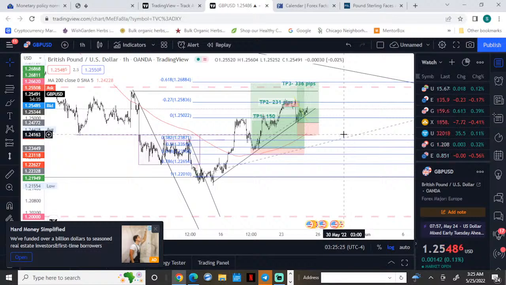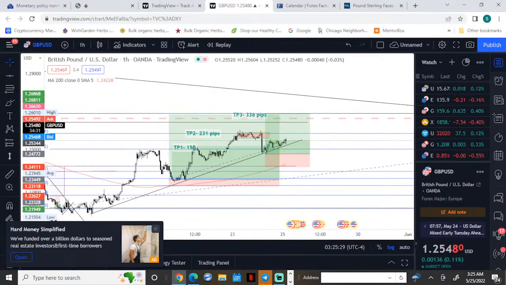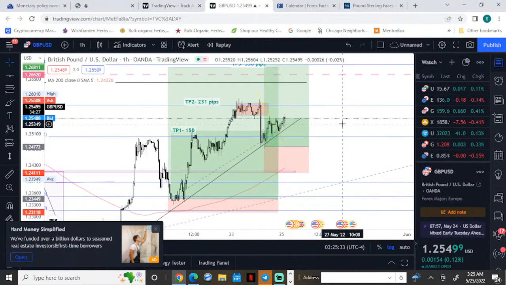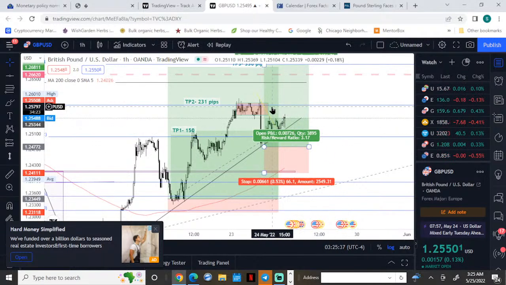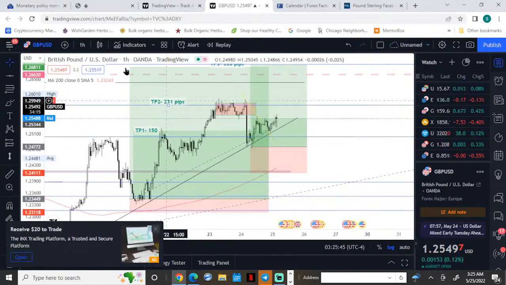Alrighty, so I am in this buy. I'm gonna hold my buy. My stop loss is at entry. If you're currently not in GU, let's go down to the 15-minute.